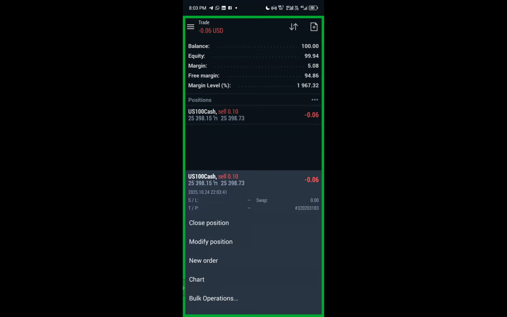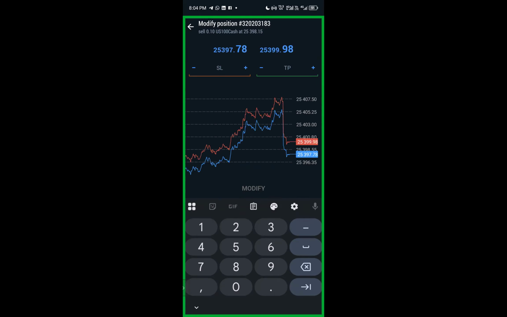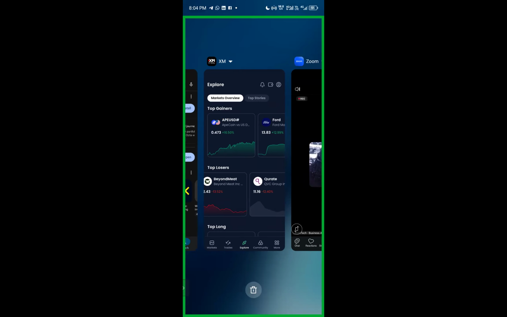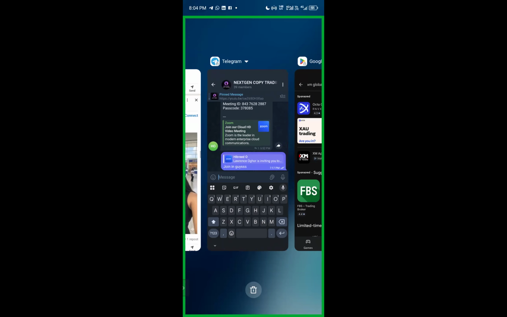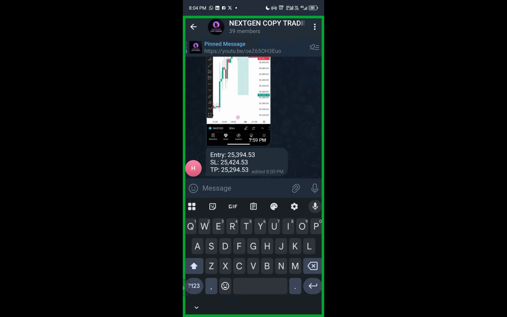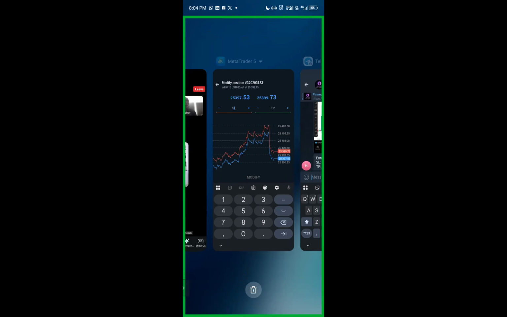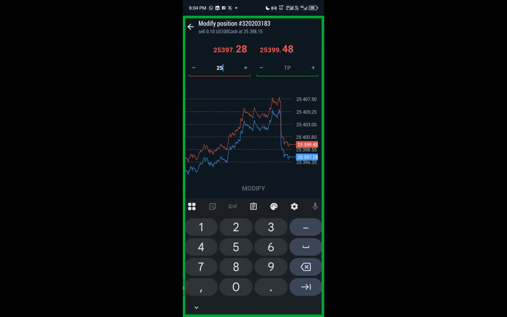You click on modify position to do that. You can copy the entry price, the stop loss, just copy everything. Then the TP level.